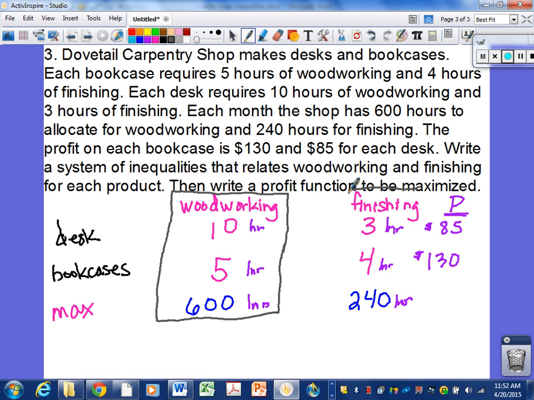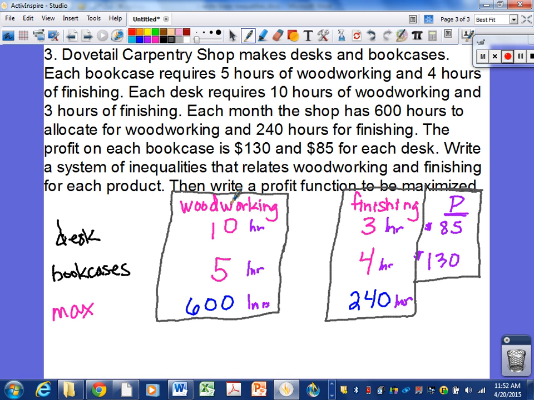These three are all talking about finishing, so we're going to have a finishing equation. And then, of course, you're going to have a profit function, how much money you make off of these things. There's no dollar amount here because this is what you want to maximize. You want to make the most profit possible, so that's not going to have a constraint. Hopefully it's larger than 0 if you want to make money.